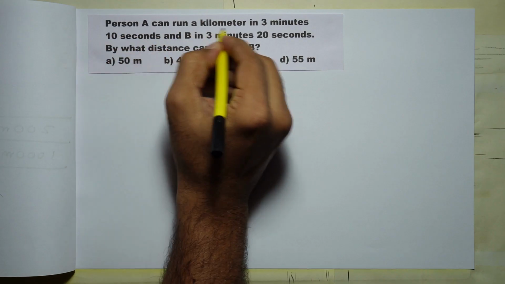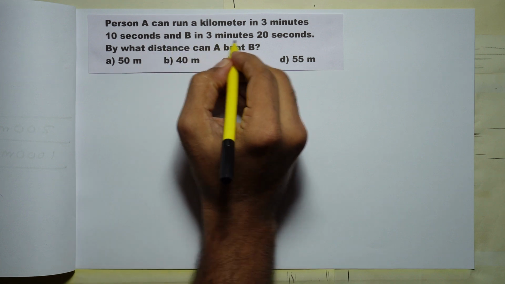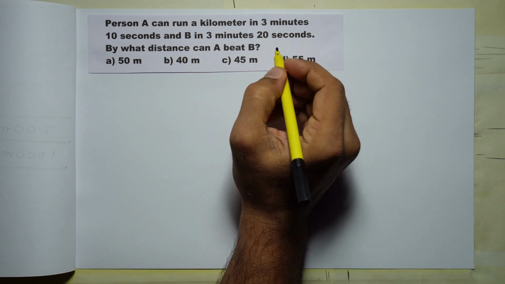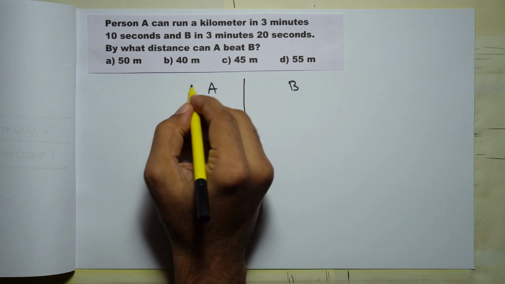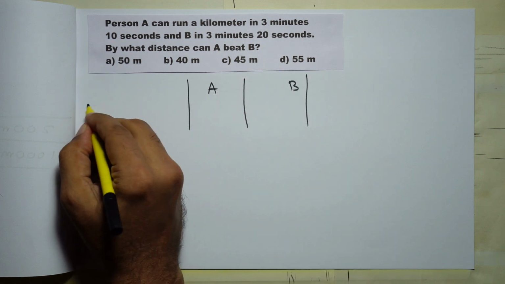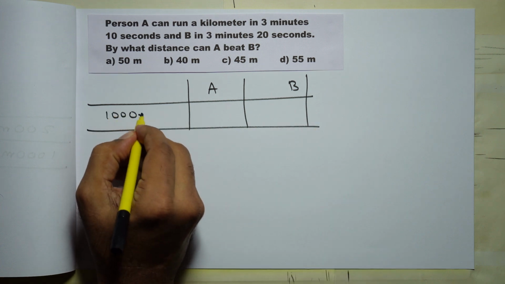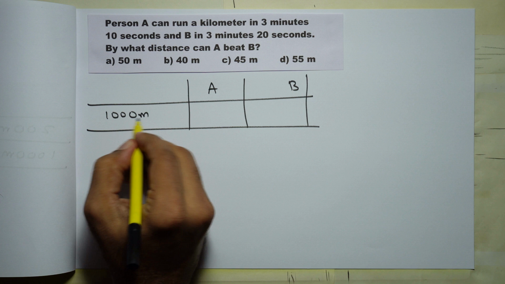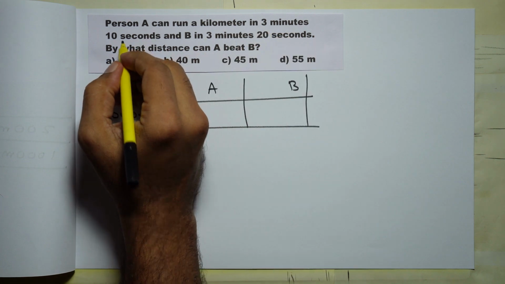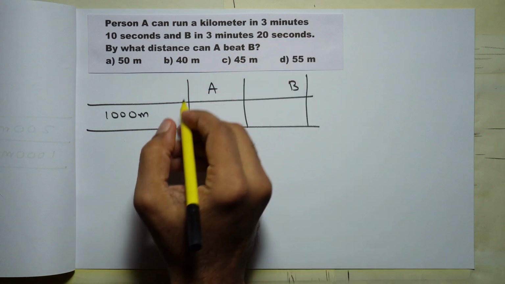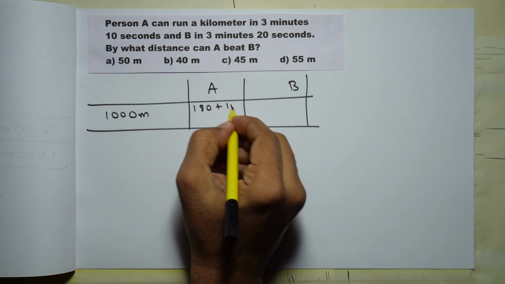Person A can run a kilometer in 3 minutes and 10 seconds and B in 3 minutes and 20 seconds. So we'll just represent that data here. Now 1 kilometer is equal to 1000 meters. So for 1 kilometer or 1000 meters, A requires 3 minutes and 10 seconds. 3 minutes is 180 seconds plus another 10 seconds.